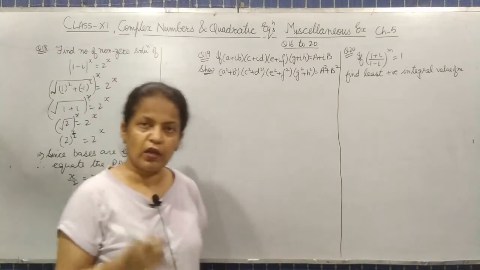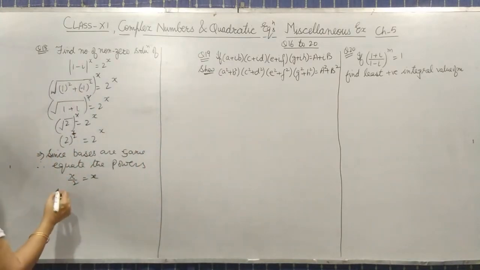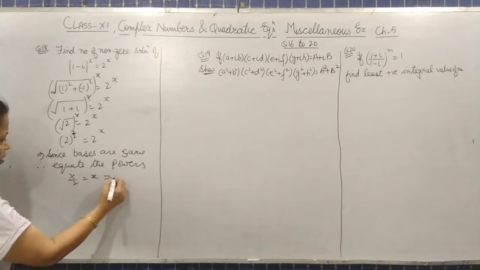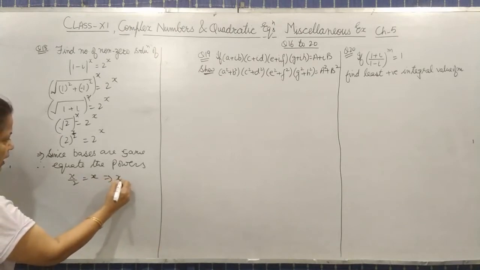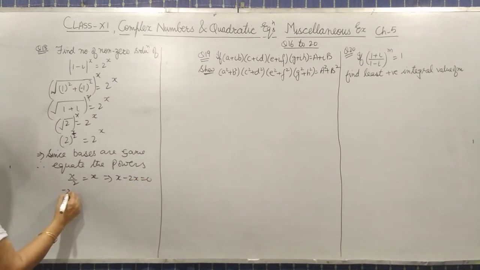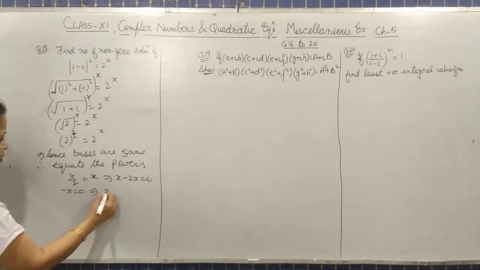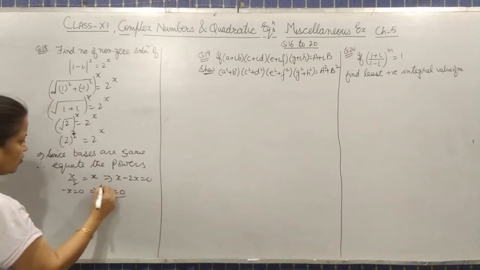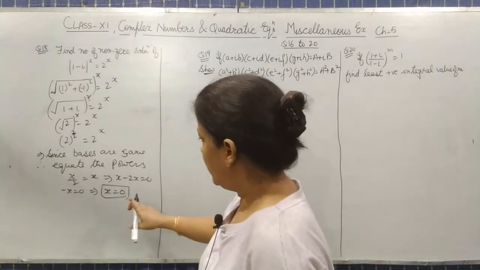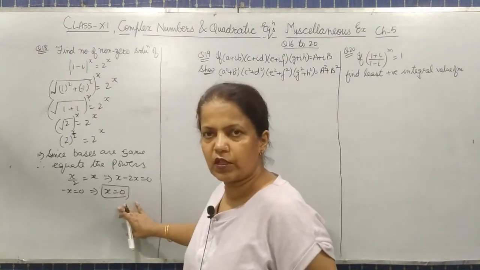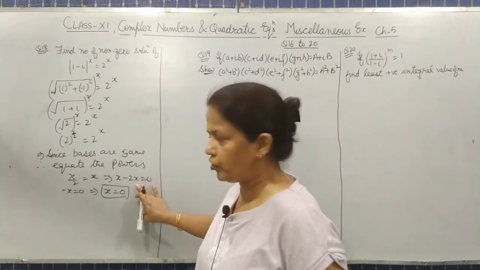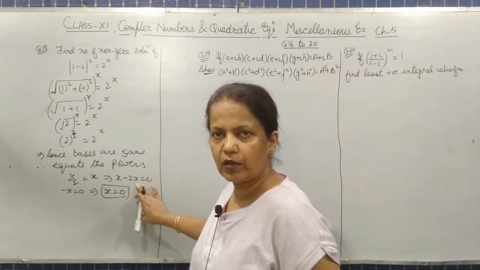Now you have to find the value of x here. By shifting, you will get x minus 2x equals 0, or we can say minus x equals 0, which means x equals 0. So for the number of solutions, here it is x equals 0. We are not getting any other solution except this one.